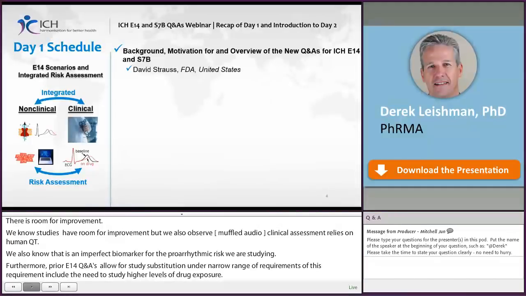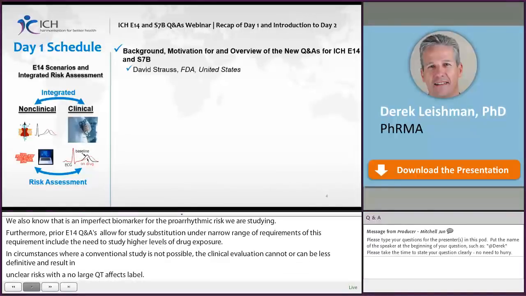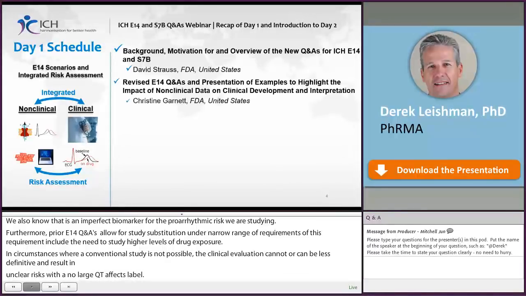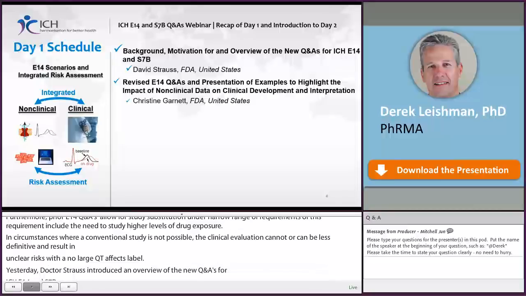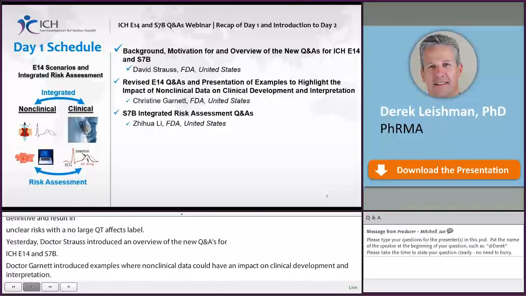Yesterday, Dr. Strauss introduced and gave an overview of the new Q&As for ICH E14 and S7B. He was followed by Dr. Garnett, who introduced some example scenarios where the non-clinical data could have an impact on clinical development and interpretation. Dr. Lee then talked about the ICH S7B integrated risk assessment and how this related to those scenarios and some additional scenarios.